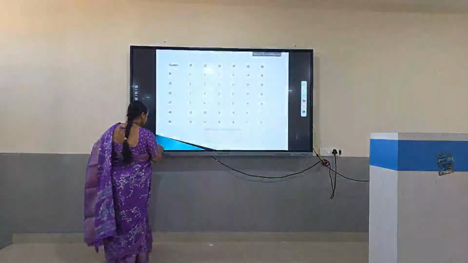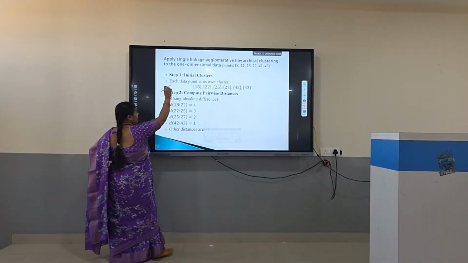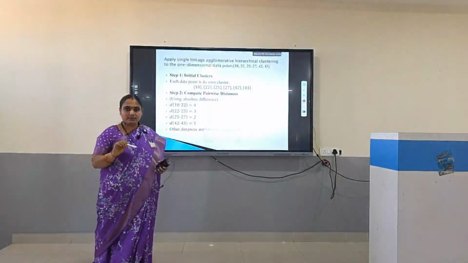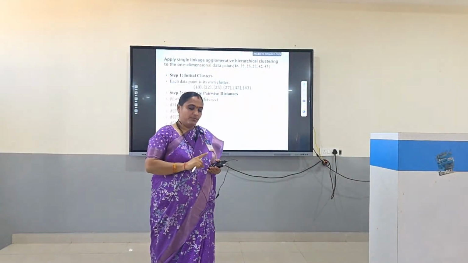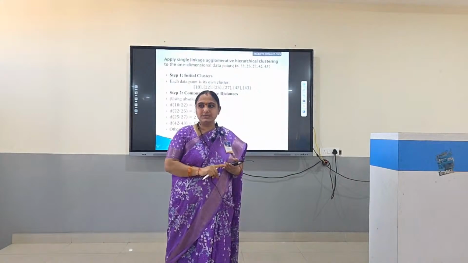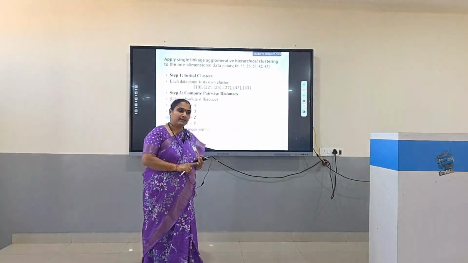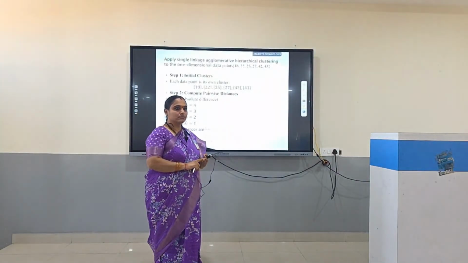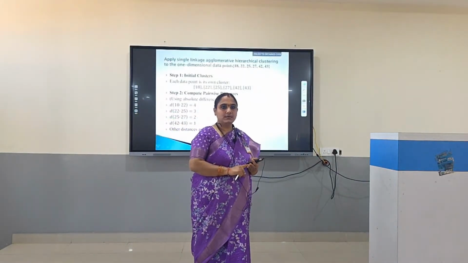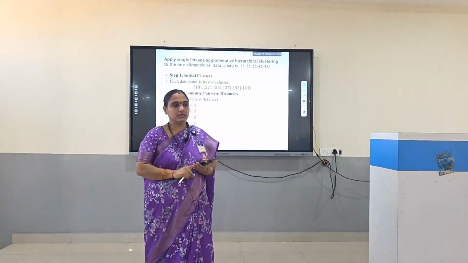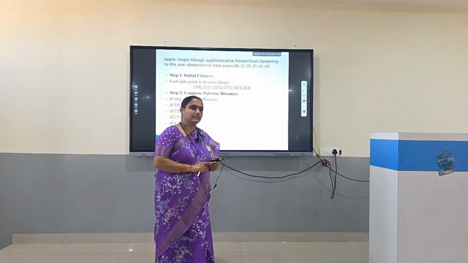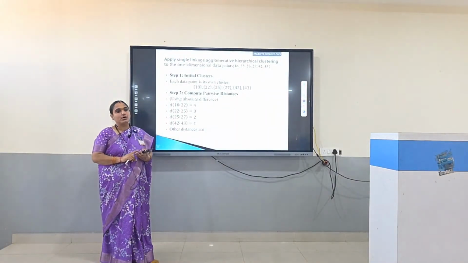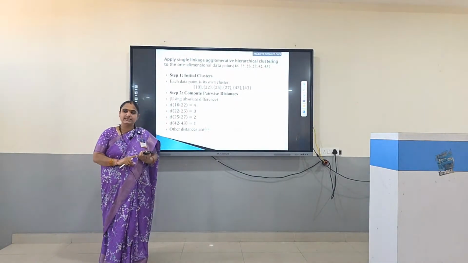Here in the question I need to specify single linkage. In this agglomerative clustering, we have 4 different types. What are those? Single linkage, complete linkage, average linkage, and one more is Ward's. That is also one of the linkage varieties. So the first one is single linkage.